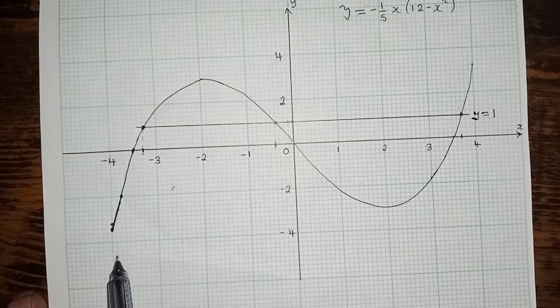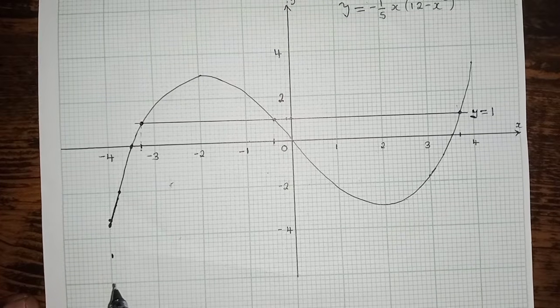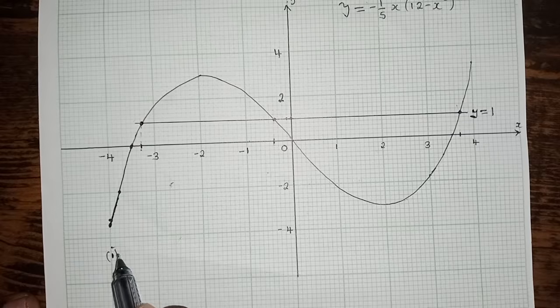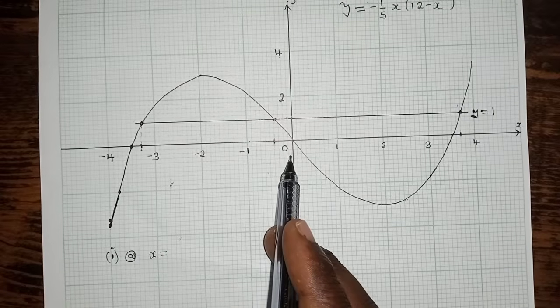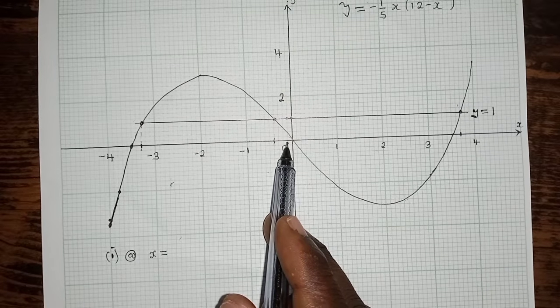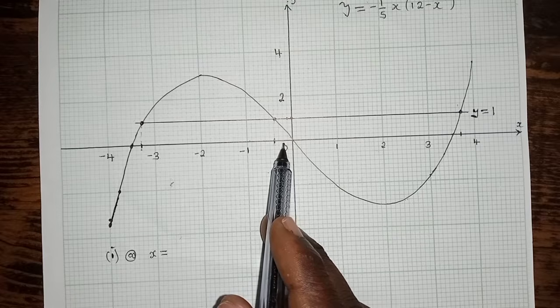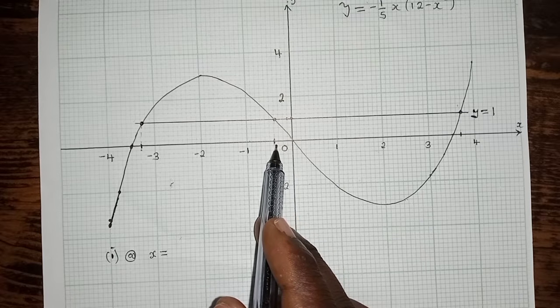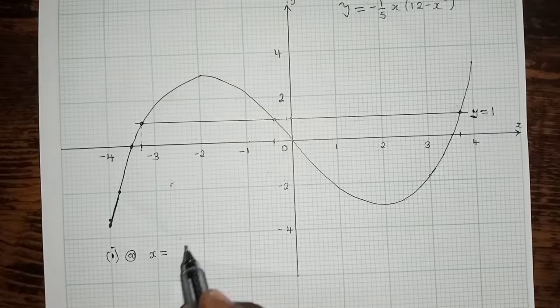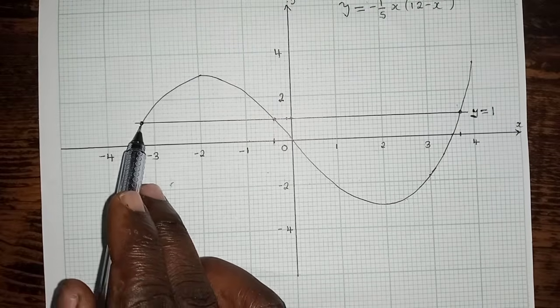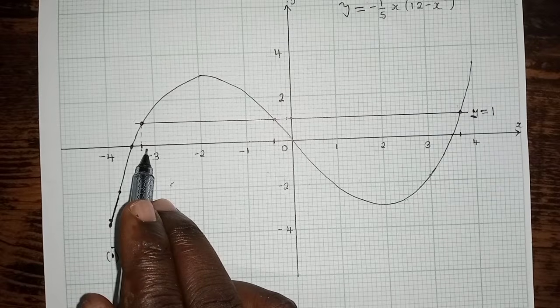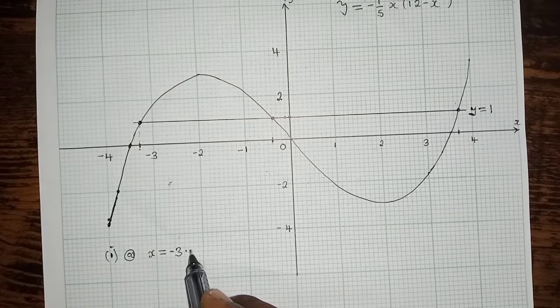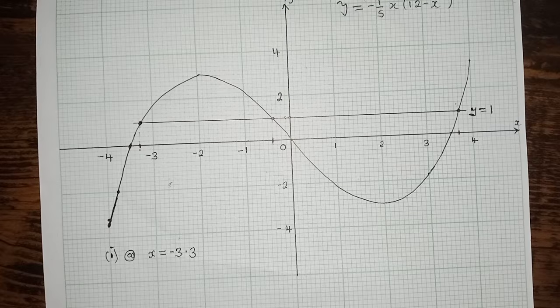We can find our space, maybe right here, and say question 1. X will be equal to, what is the solution here? So this is 0, 1, 2, 3, 4, so 0.4, negative 0.4. Over here we'll say negative 3.3. That is our solution there.